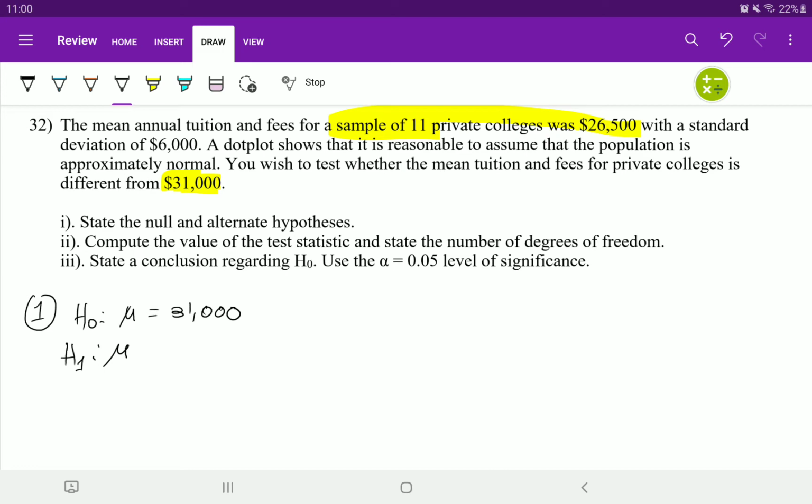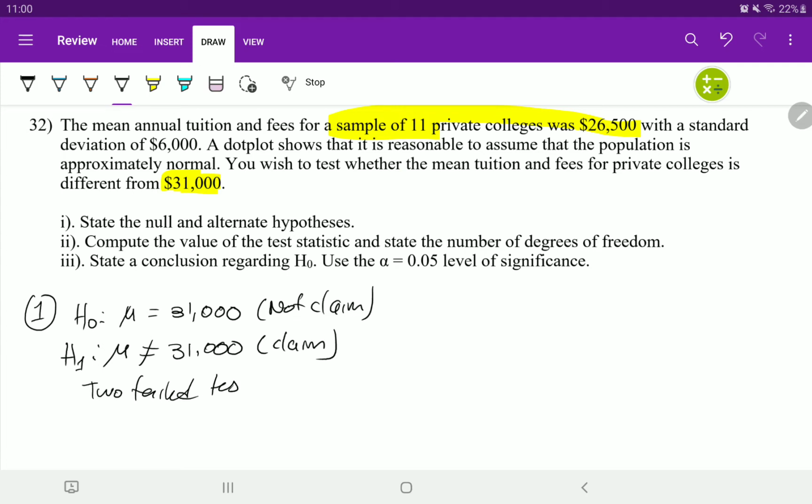It just can't be $31,000. Therefore, that is going to be a two-tailed test. Mu does not equal 31,000. Not the claim. This is the claim. And this is a two-tailed test, given to us by the symbol of not equal to.